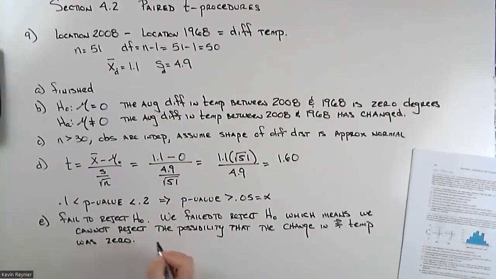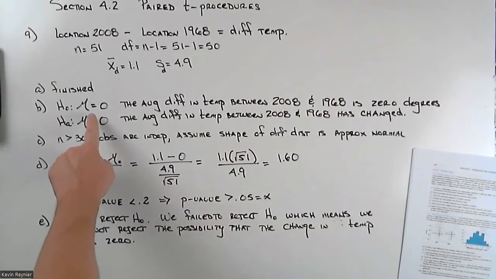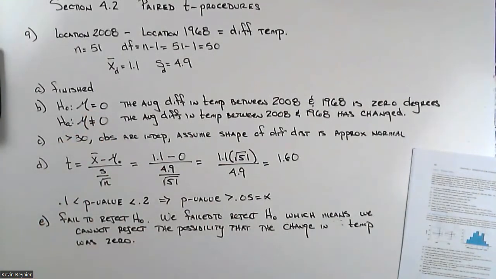So we did not provide any evidence that it was getting warmer or cooler. We could not reject the possibility that the change in temperature was indeed 0. We failed to reject this outcome, and this outcome said the change is 0.